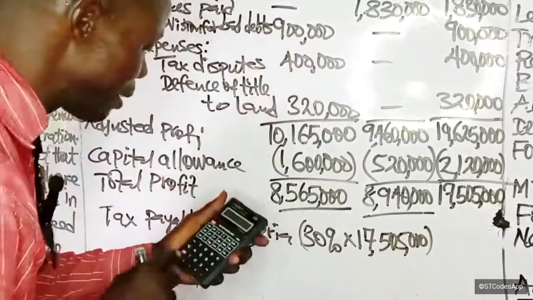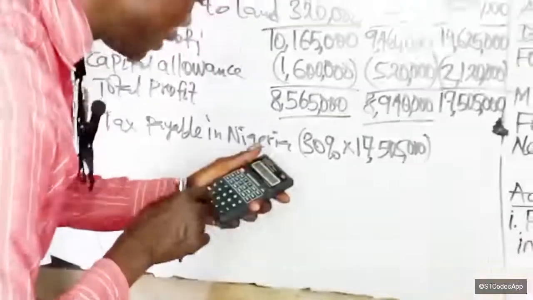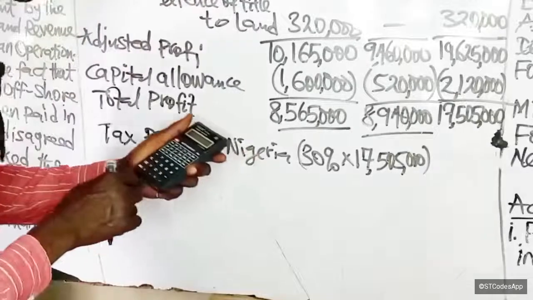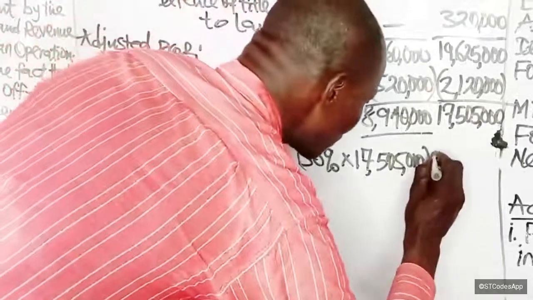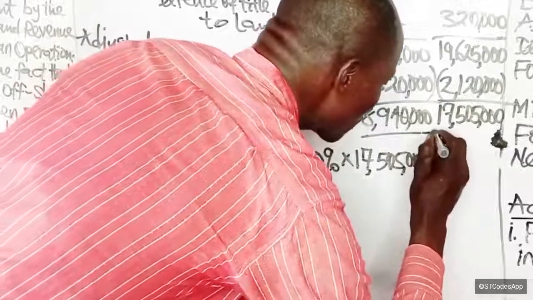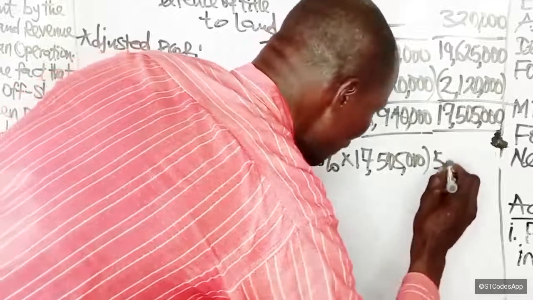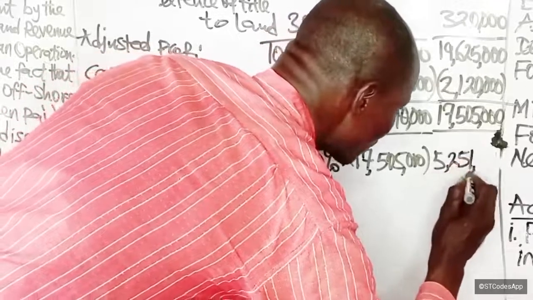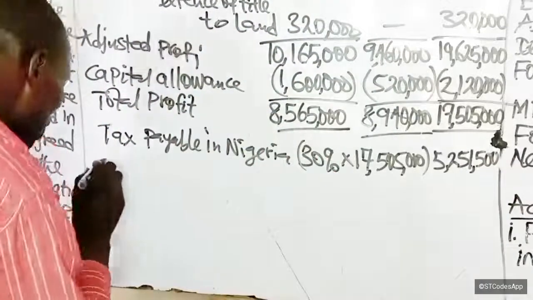What is 30% of that? That gives us 5,251,500.